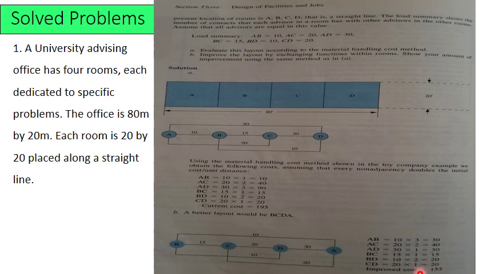When we evaluate these locations, we get 155. So 155 is less than 195, so it is a better layout.